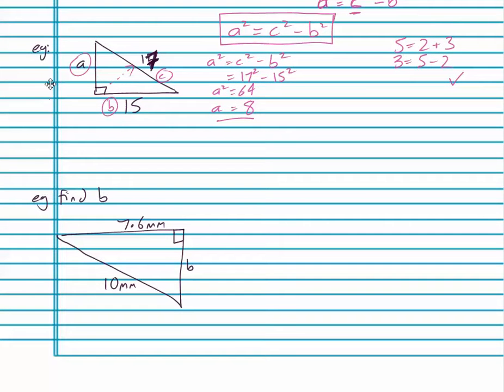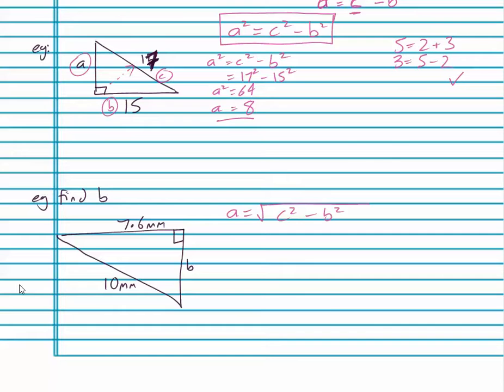The last question, you might like to try it on your own before you watch this through. Now I am going to give you a different version of the formula again. Again, it's just if you happen to like this one. This one puts the square root in the formula. A equals the square root of c squared minus b squared. Again, don't use this one if you're at all confused or if you think it's a hard question.